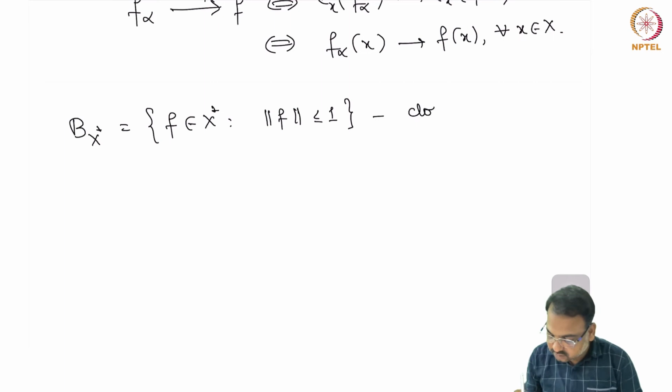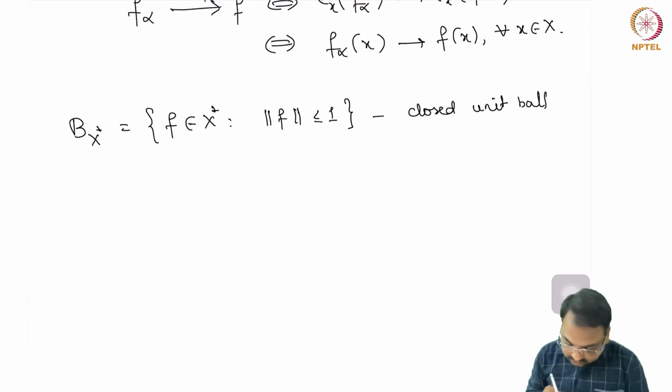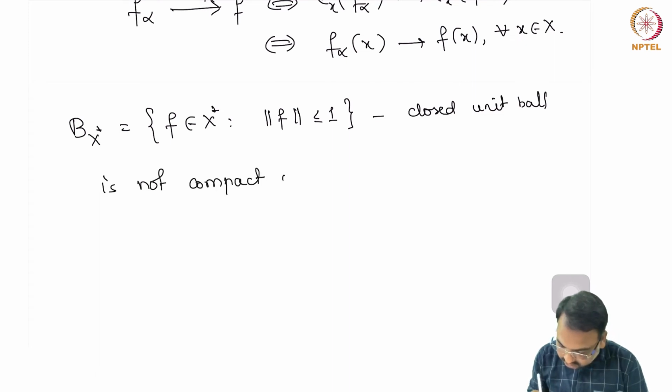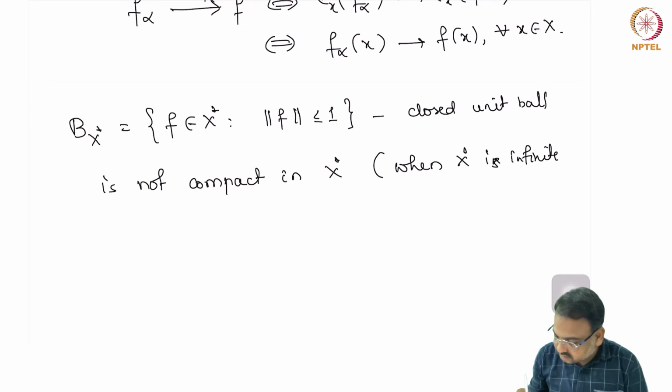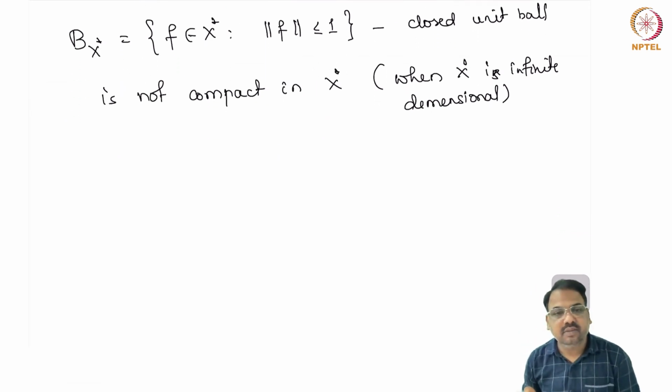This is not compact in the norm topology when X star is infinite dimensional. It will be compact when X star is finite dimensional, but that is with respect to the norm topology of X star.